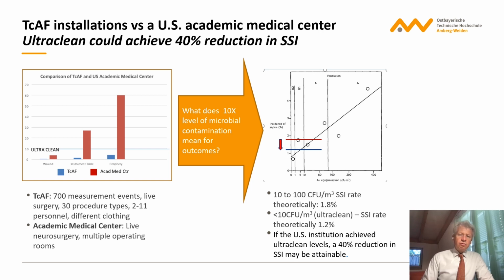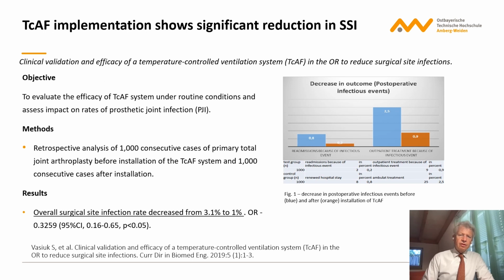Therefore, a reduction of 30% of surgical site infections might be attainable. We have looked at this in some studies together with colleagues in the Ukraine in a theater where we analyzed 1,000 consecutive cases before and after installation of a temperature-controlled airflow system. It was primary joint arthroplasty, and we could see a significant decrease in the surgical site infection rates from 3.1% to 1%.